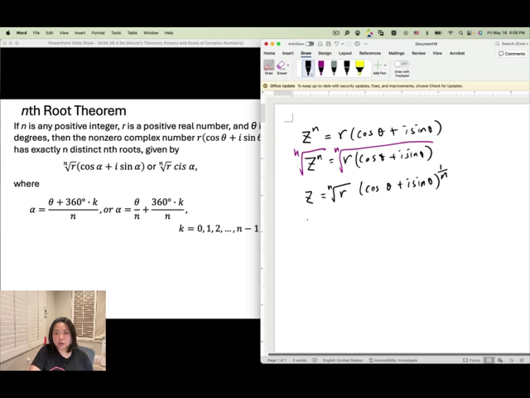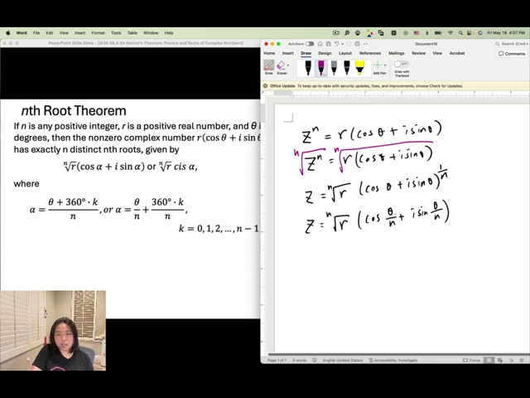Now I'm going to apply de Moivre's theorem. I can distribute the 1 over n to the theta. So I'm going to have this, and that's why you see the nth root of r.